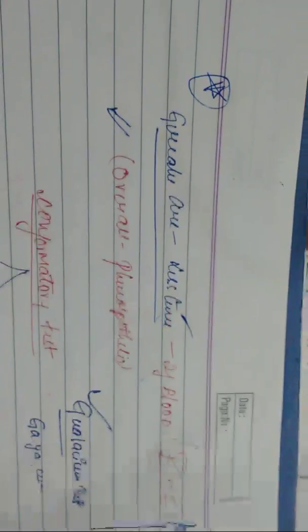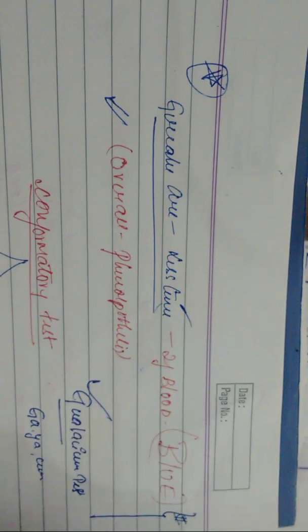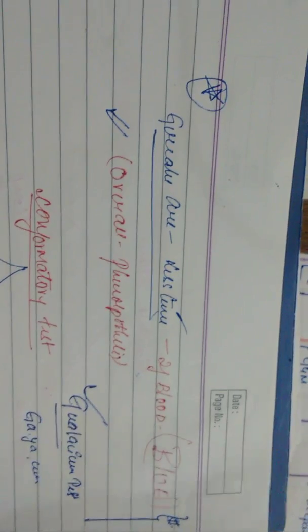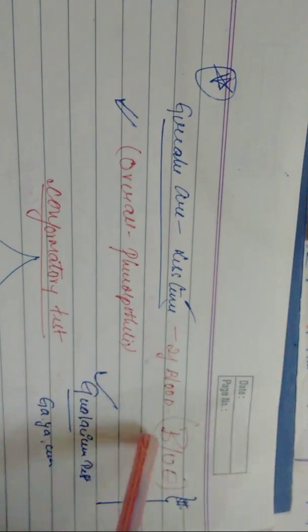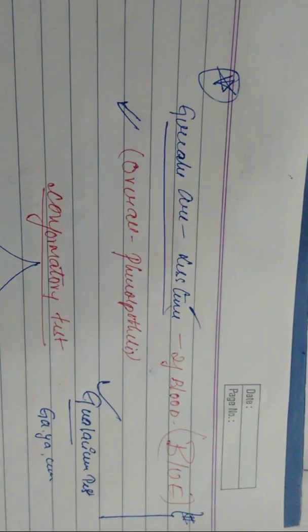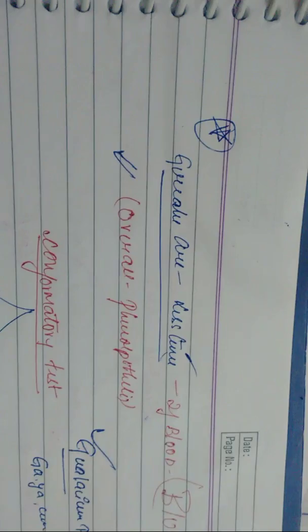And the next screening test is known as the Guaiacum test, right? This Guaiacum test gives a blue color when I put it on blood. So this is all written in our notes regarding the screening tests of blood stains.